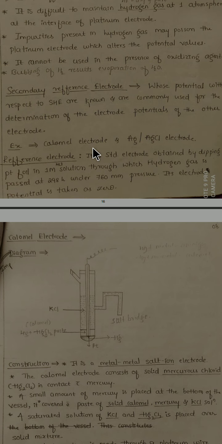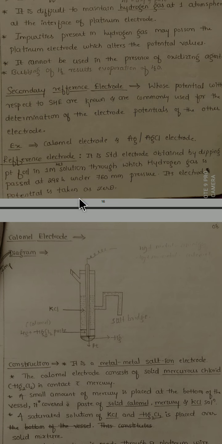The standard hydrogen electrode can also be defined as a standard electrode obtained by dipping platinum foil in 1 molar HCl solution through which hydrogen gas is passed at 298 Kelvin under 760 millimeter pressure.